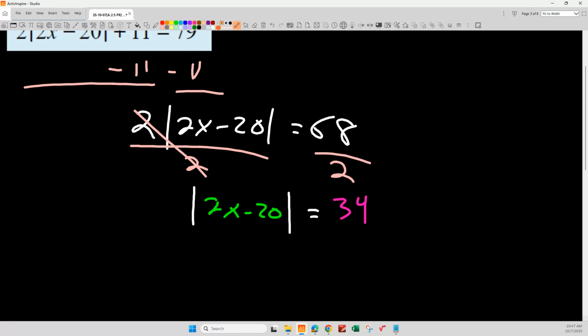Good. Okay, now next part. Part 1 is isolate the absolute value. Part 2 is split into 2 regular equations. And then part 3 is just solve them. It's easy. Okay?